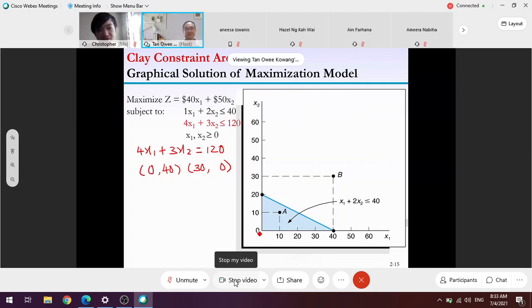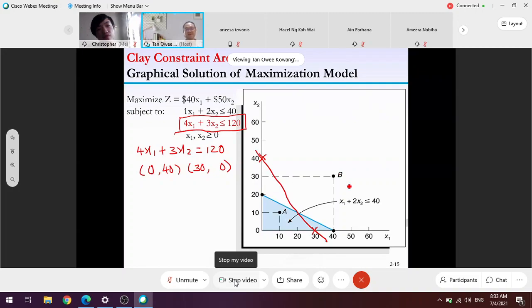Okay, so I plot another line here: 0, 40, and 30, 0. Then subsequently I need to find the feasible area. You know already what is feasible area. So where is the feasible area?